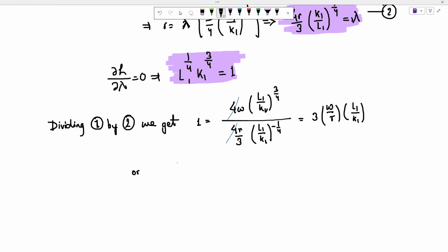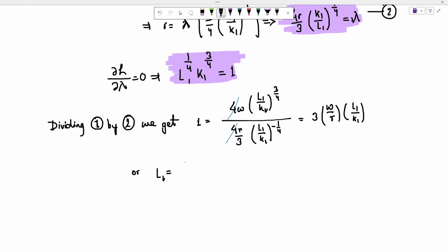So L1 is 1 by 3 times R. Let's just write it in one shot.